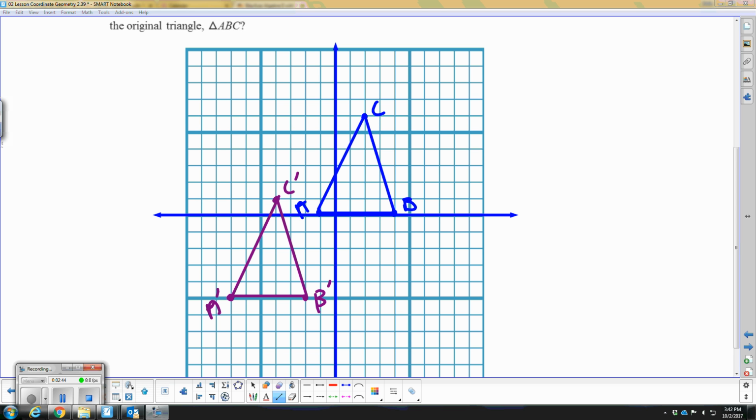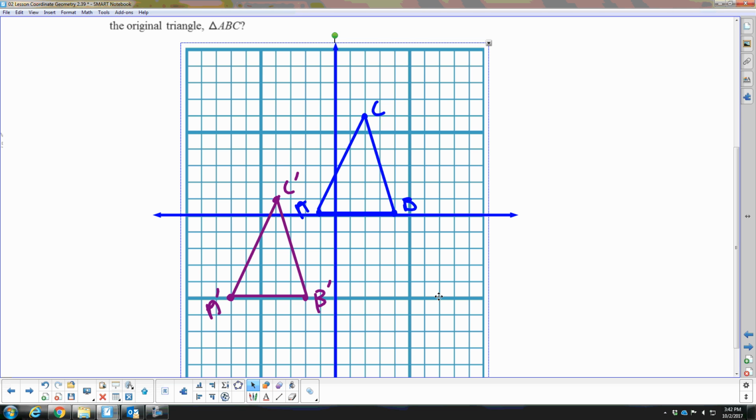And then it says triangle A prime, B prime, C prime is translated by the rule (x, y) becomes (x plus 14, y plus 3). So I'm going to take my A, I'm going to go 14 units to the right, and I'm going to go up 3 units.